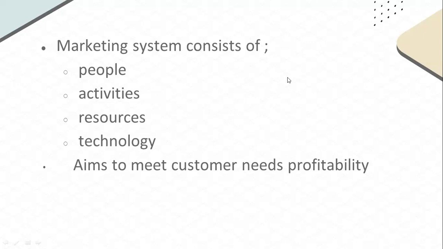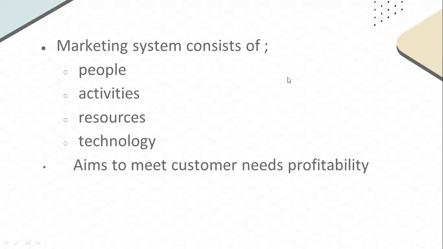So the marketing system contains people, activities, resources, and technology. All of these help the marketing activity for what? With the final aim of meeting the customers' needs profitably. What is the purpose of all these resources and people helping us? One thing is you are meeting the customer's need.